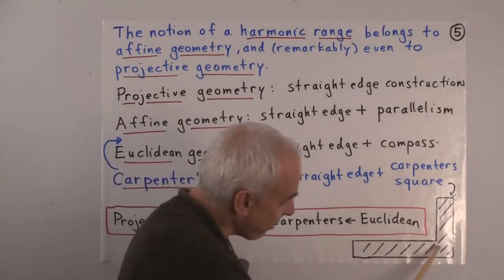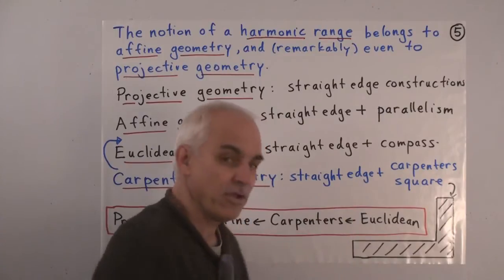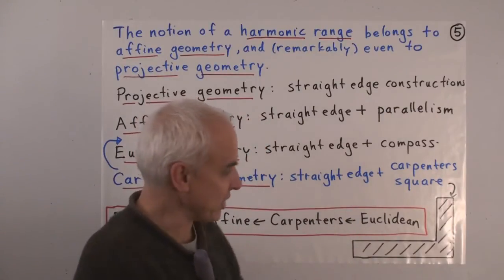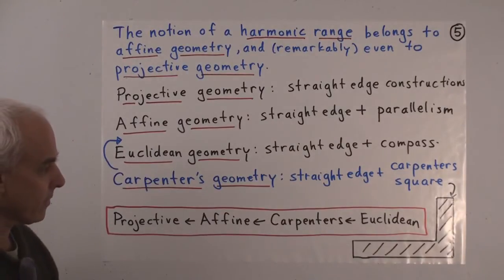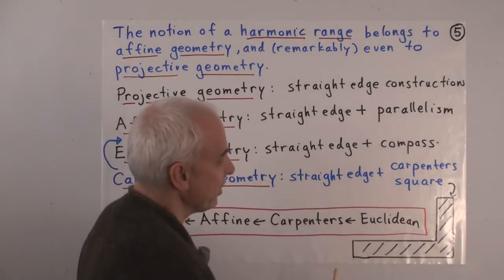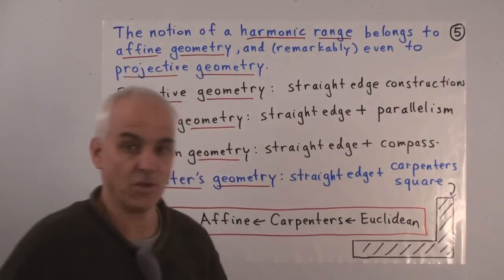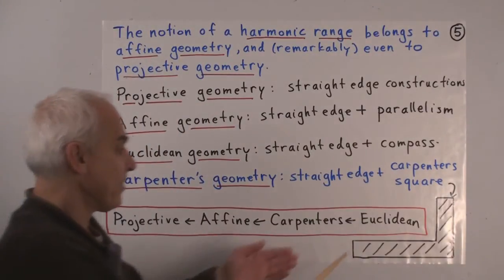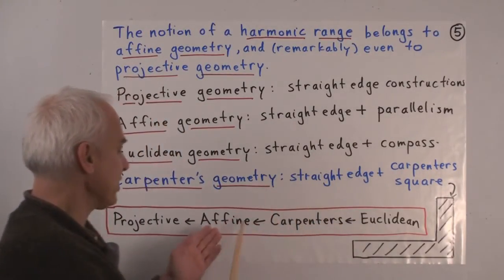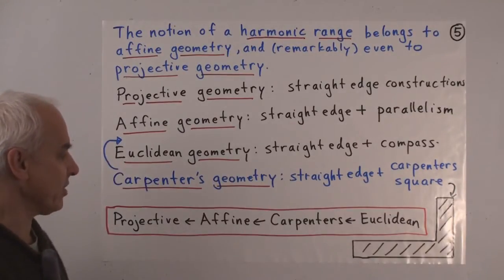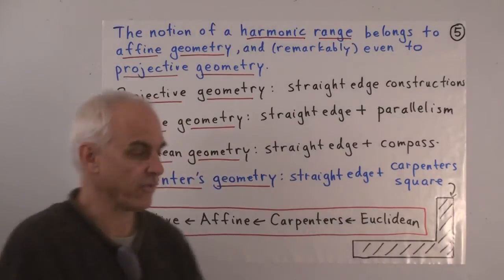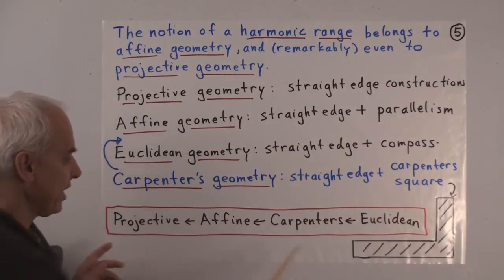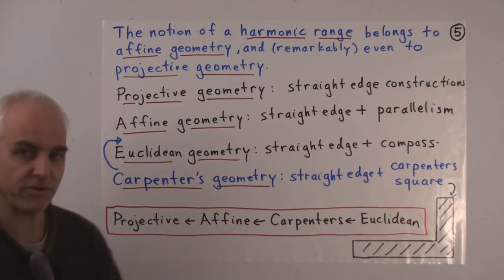And the crucial thing about a carpenter's square is that you can create perpendicularity there with this T-junction, this intersection of these 2 perpendicular lines. So with the notion of perpendicular line, you can get the notion of a parallel line. So carpenter's geometry is more powerful than affine geometry. Euclidean geometry is more powerful than carpenter's geometry. So there's really a sort of a hierarchy of geometries here.